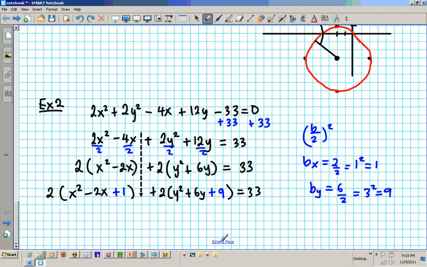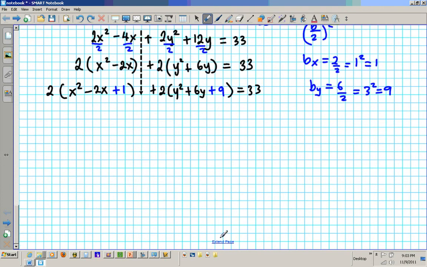Okay. In order to preserve equality, whenever I add it on this side, I have to add on this side. Notice we have something in the parentheses and a number outside that should be distributed to it. So in the x world, I added 1 inside the parentheses, but what did I actually add to the x world? I actually added 2 times 1. What is 2 times 1? 2. So on this side, for the x world, I'll add 2, because it's 2 times 1.